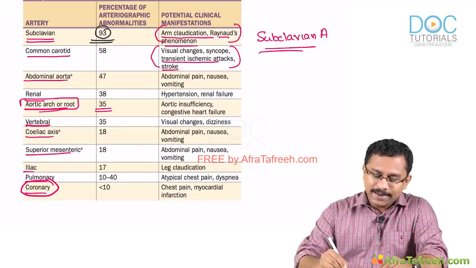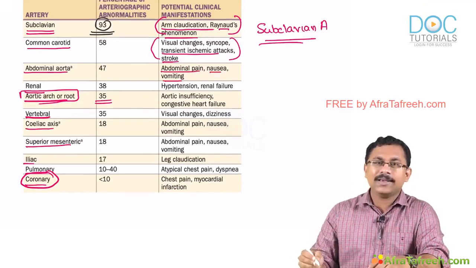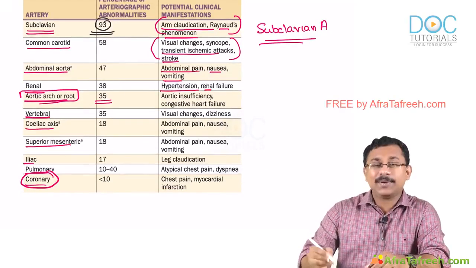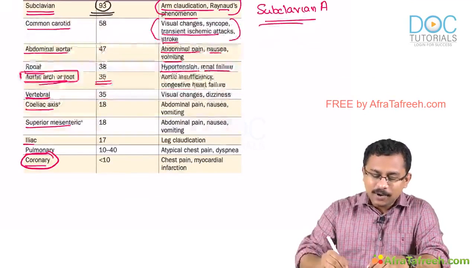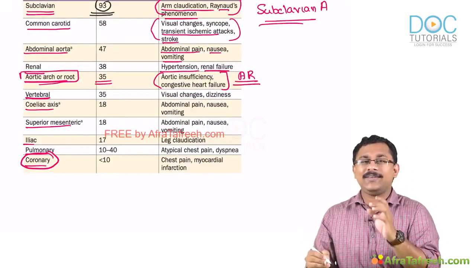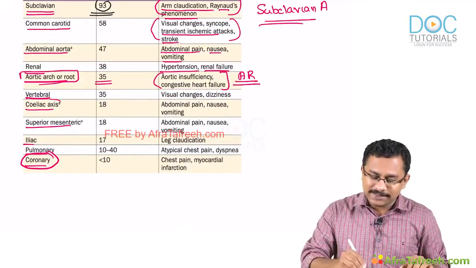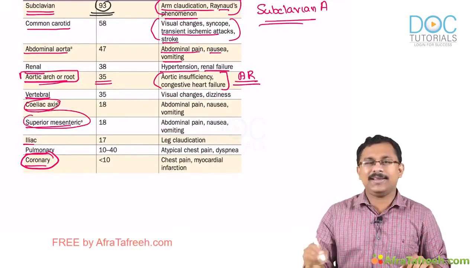Okay, and the abdominal aorta involvement can produce abdominal pain, nausea, vomiting. Renal involvement can produce hypertension and renal failure. Aortic involvement can produce aortic regurgitation. Okay, again very very important. Then you can have vertebral artery involvement, celiac axis involvement, superior mesenteric artery involvement.